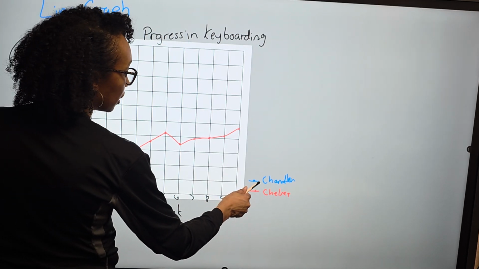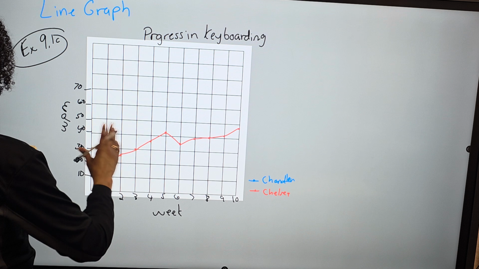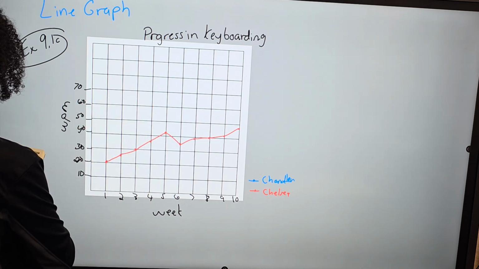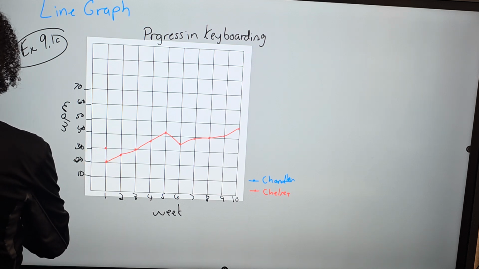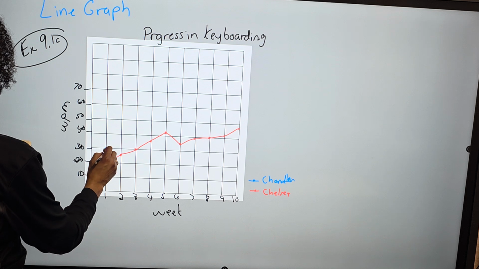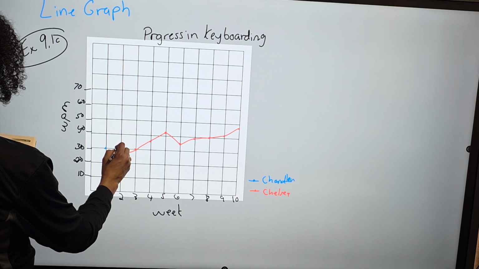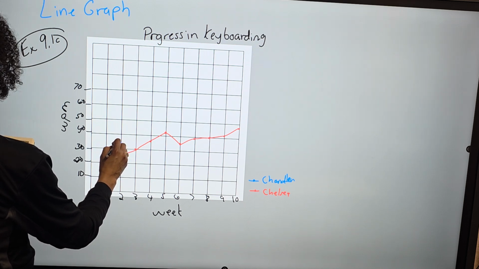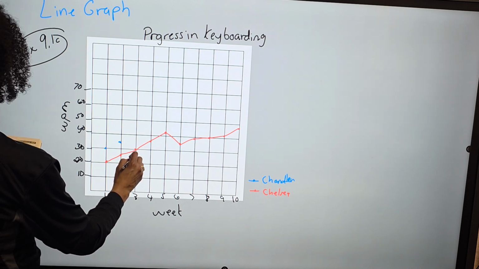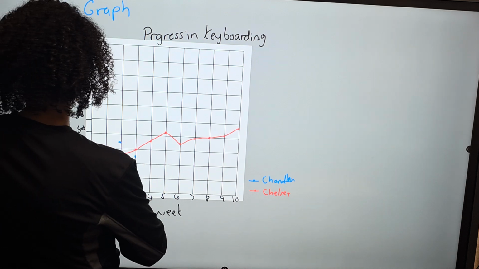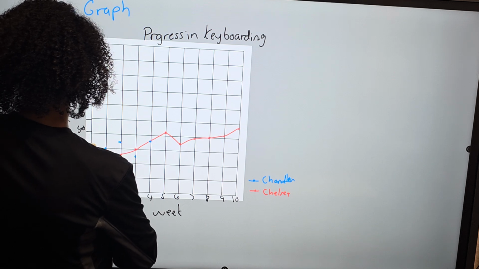Now, by putting Chandler on the exact same graph, it allows you to compare week by week and then overall progress for both. So Chandler started out really strong. His first week, he was already up at 30. Oops, but he's blue. So 30, and then kind of here. And then he dips down for week 3. And then he goes back up. Well, he's right where Chelsea is.